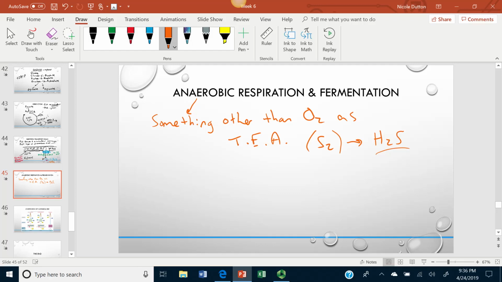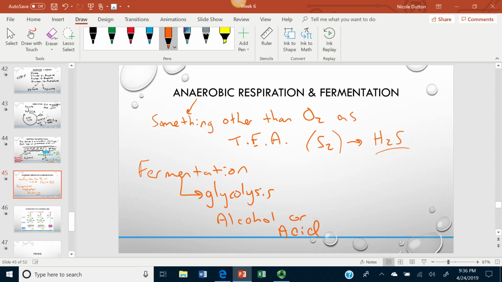Now with fermentation, fermentation is different altogether. Fermentation is glycolysis only. And then you end up producing an alcohol or an acid as a waste product.